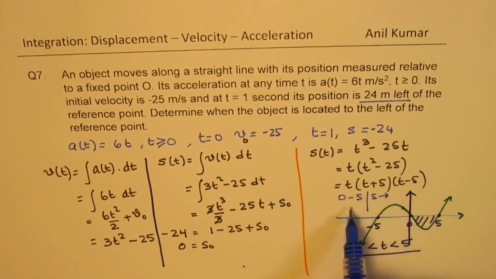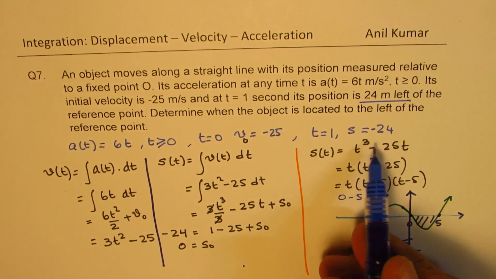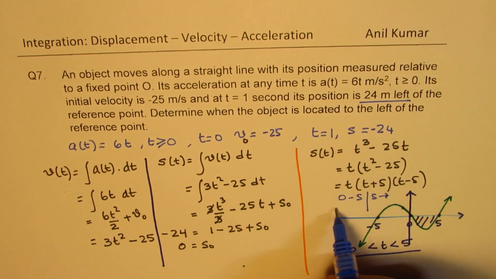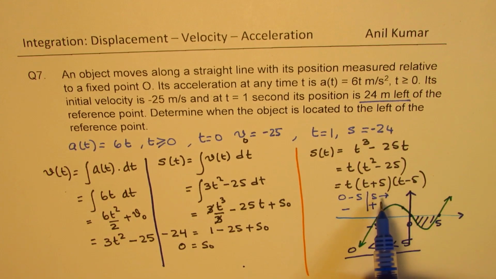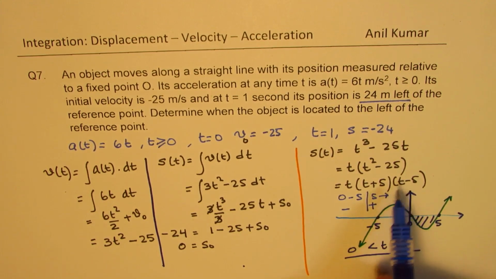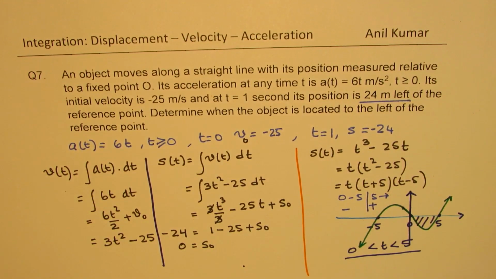If I substitute a value less than 5, which in this case is 1, we know it is negative, and here it is positive. If I write a value, let's say 6, then all three terms are positive. So when you multiply them, you get a positive result, so displacement is positive.